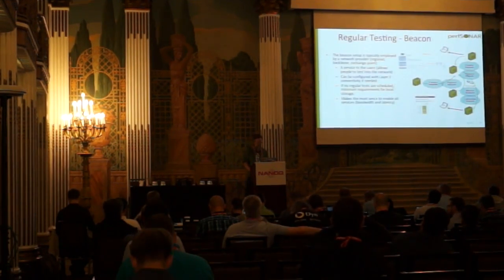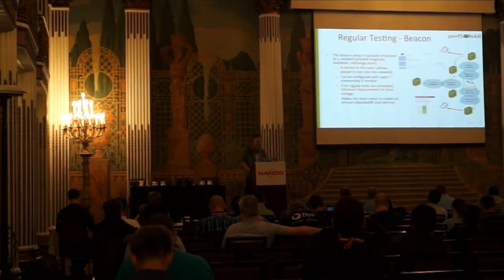A little bit more detail on each of these. The beacon node is more common for a backbone provider, where you're putting some nodes out there so that people can test to you, so they can verify that they can get from their campus to the wide area cleanly. We sometimes set these things up as layer 2 devices as well.